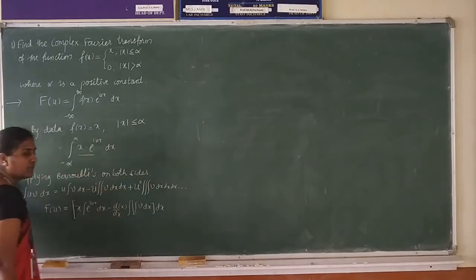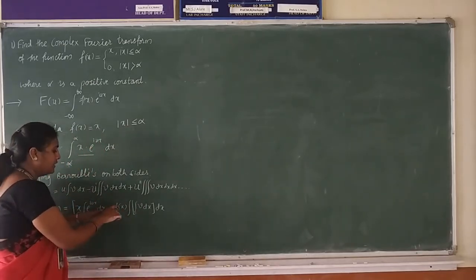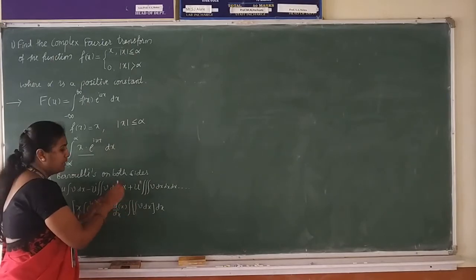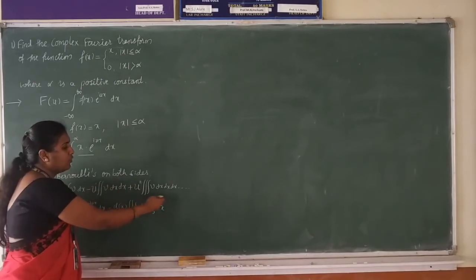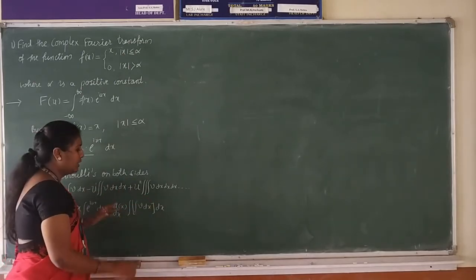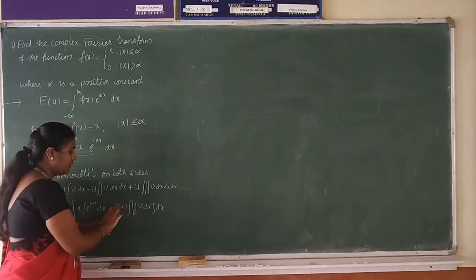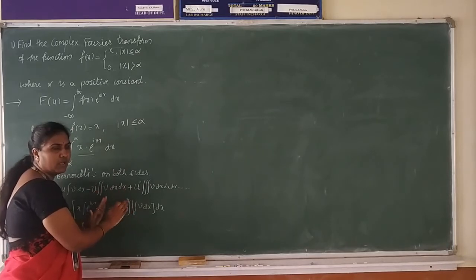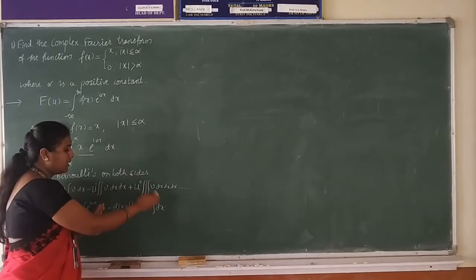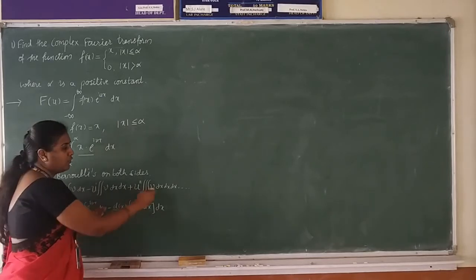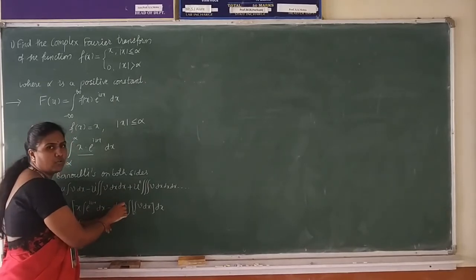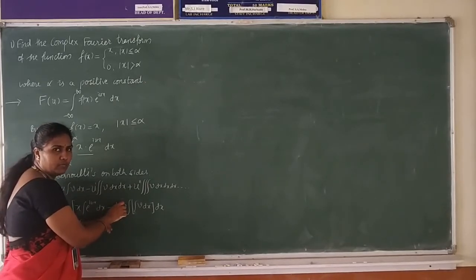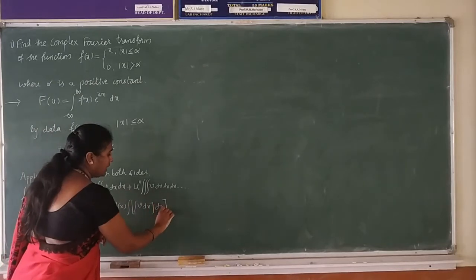If you differentiate this and get a constant term, then stop at the second integral. If you get another x term, then go for further integration. Now if you differentiate x, we get 1 only, that is a constant term. So leave it up to here.